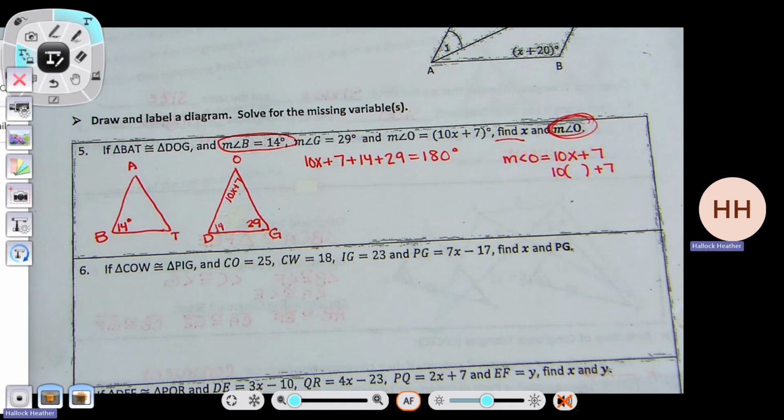See how it makes 182. That's the first one. It's going to be the same.